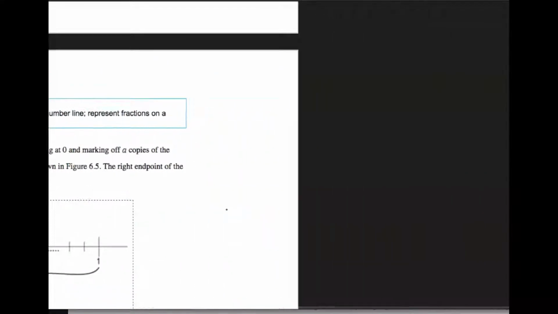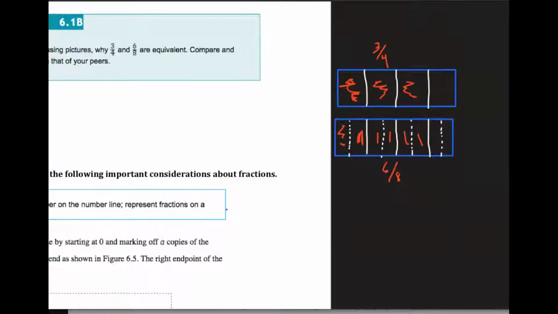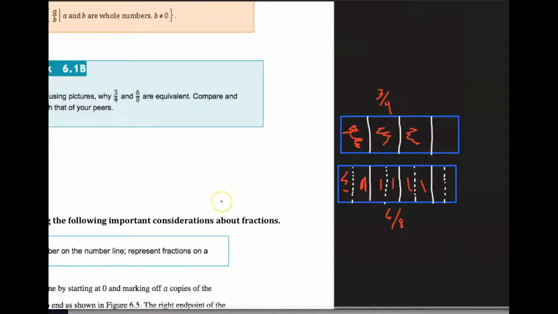Now that you're back again, I want to revisit this idea that you read about, like what is 3/4? In this picture here, the way we want to see 3/4 is that 3/4 is 3 groups of 1/4. How many 1/4 do you see? I see 1, 2, 3.